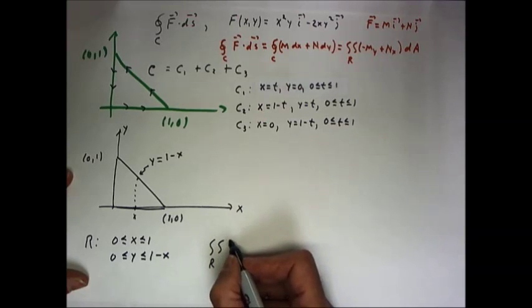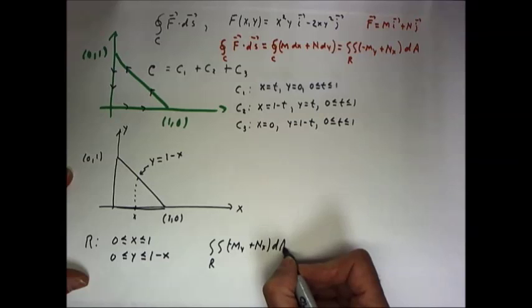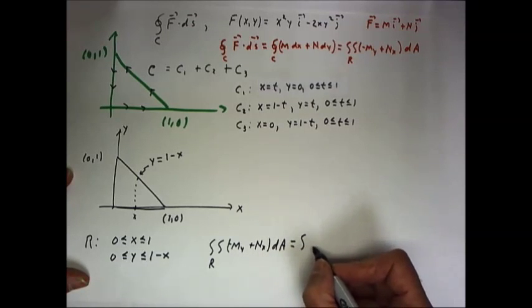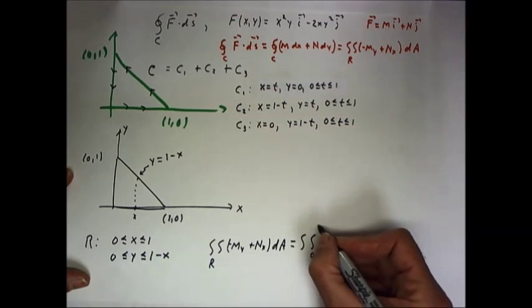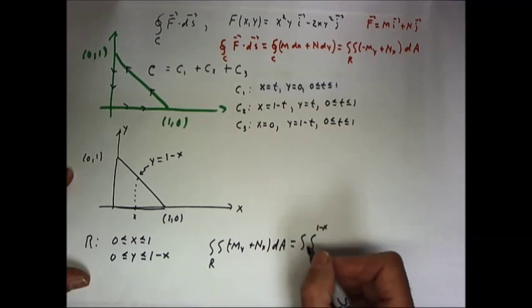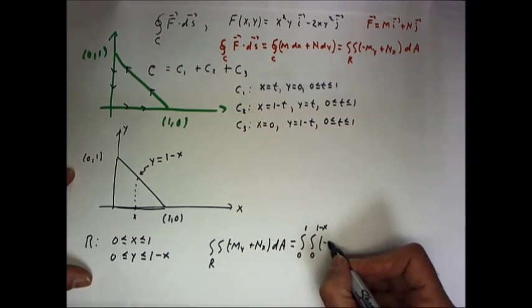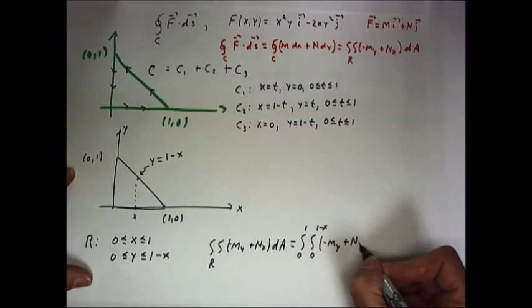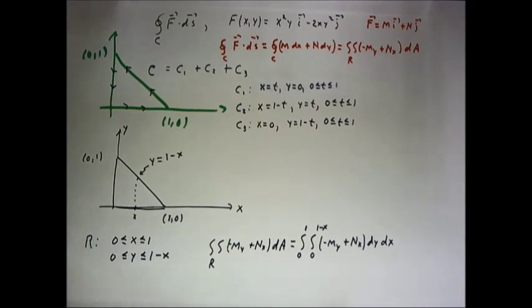So an integral over the region is just going to be the double integral over the region of negative M_y plus N_x dA, easily expressed as the double integral, x from 0 to 1, y from 0 to 1 minus x, of, we'll leave this unspecified for the moment, negative M_y plus N_x dy dx.